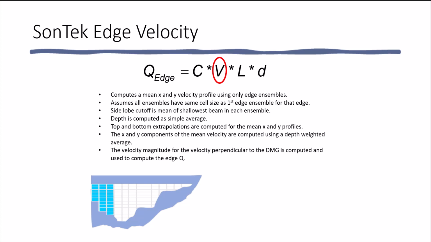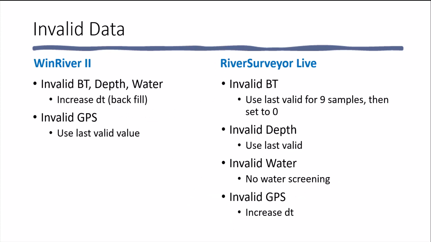Depth is computed as a simple average. Top and bottom extrapolations are computed for the mean X and Y profiles. The X and Y components of the mean velocity are computed using a depth-weighted average. The velocity magnitude is projected perpendicular to the distance made good rather than parallel to the bank. This projected velocity is then used to compute the edge discharge.